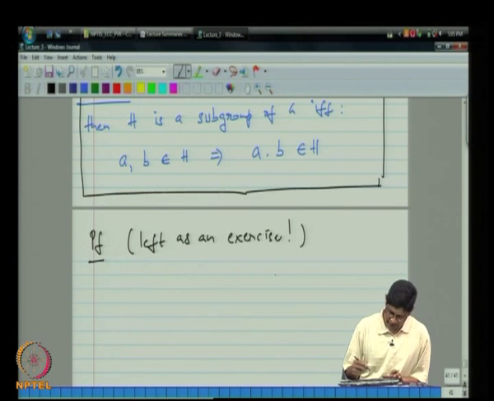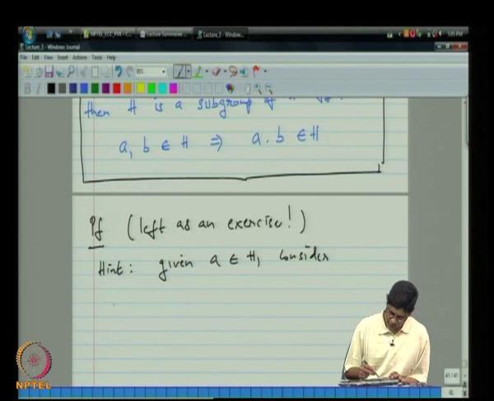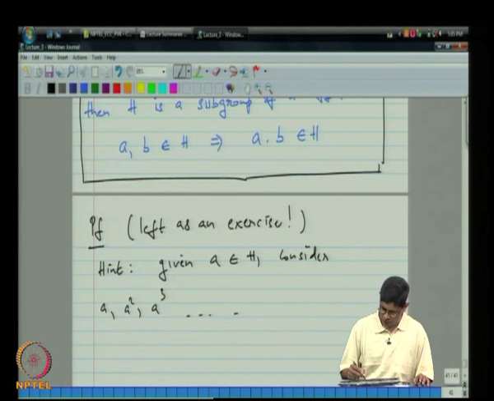And perhaps as a hint, I will just ask you to consider, given A in H, consider A squared, A cubed, and so on.